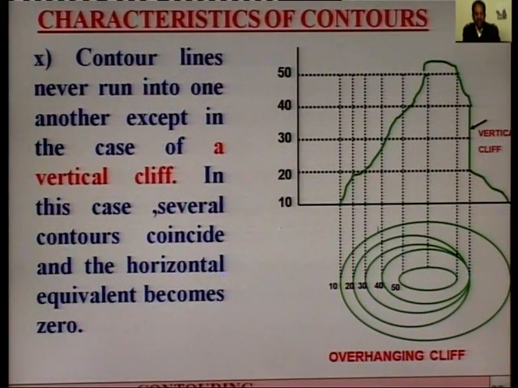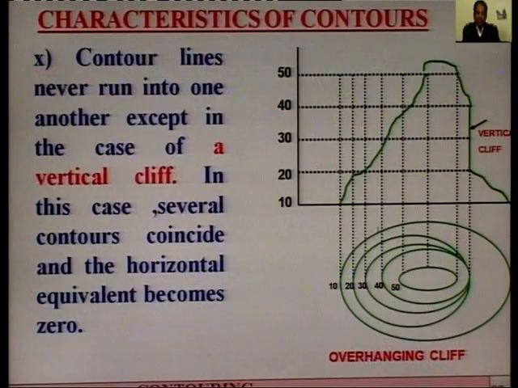Another case is that contour lines never run into one another. That is, they never meet one another except in the case of a vertical cliff. You will also find such a hill when you go to a hilly area. This type of hill is called a vertical cliff, as is being shown on your monitor screen. In this case, several contours will coincide and the horizontal equivalent becomes 0.